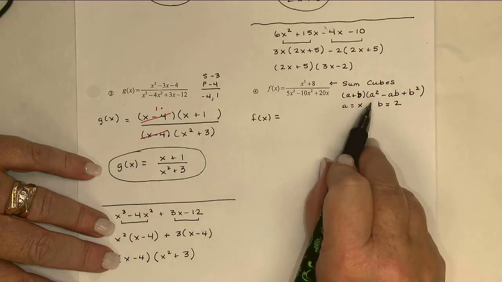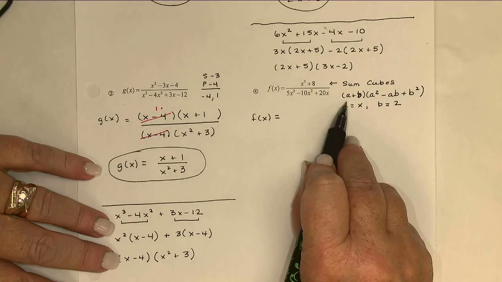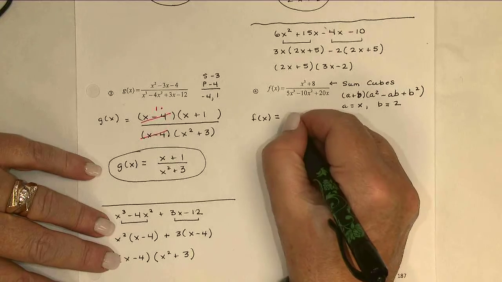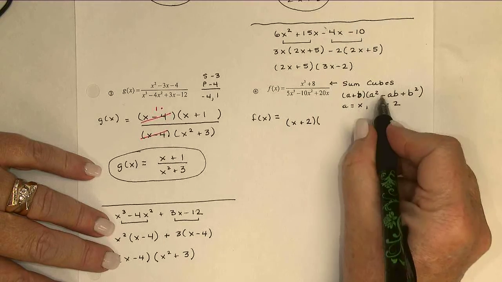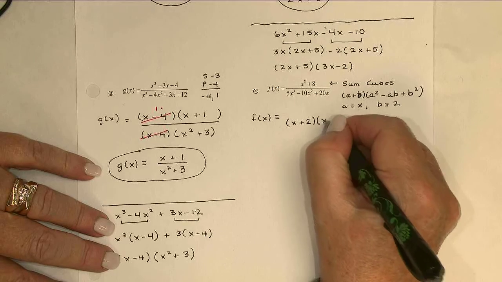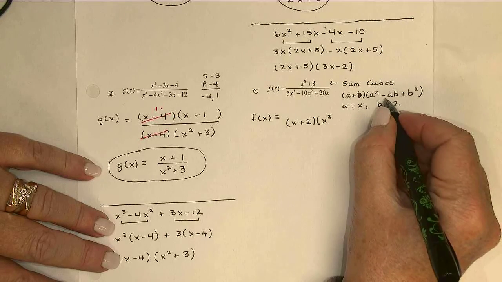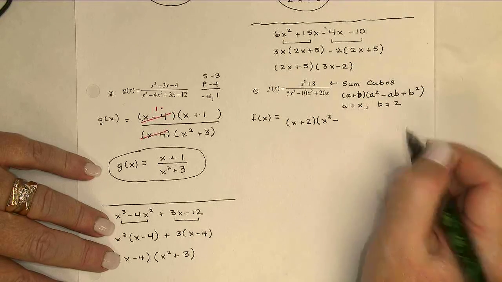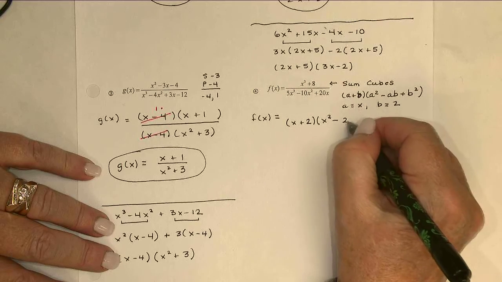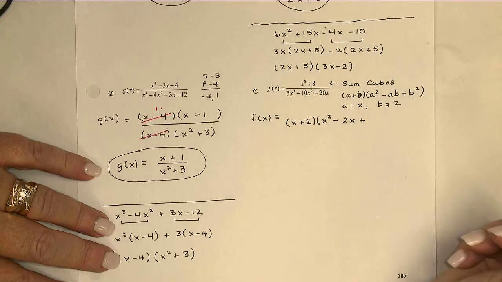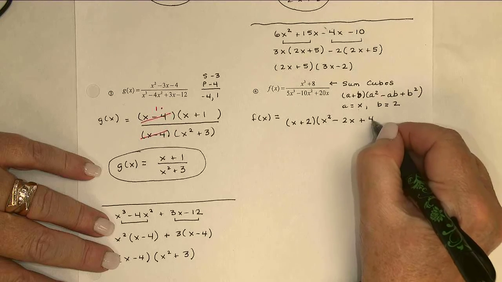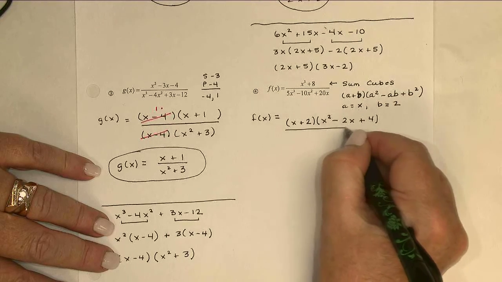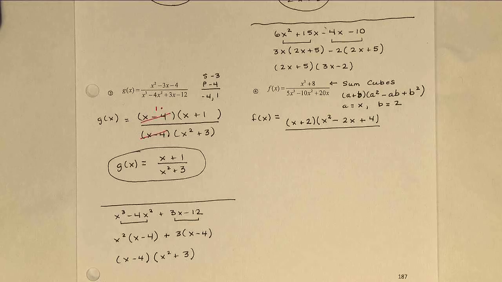And then I'm just going to go ahead and plug in. A plus B becomes x plus 2. A squared would be x squared, minus AB, minus 2x, plus B squared would be 4. So there's our numerator in factored form.